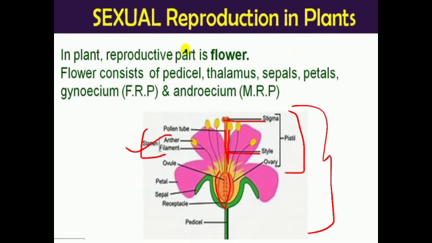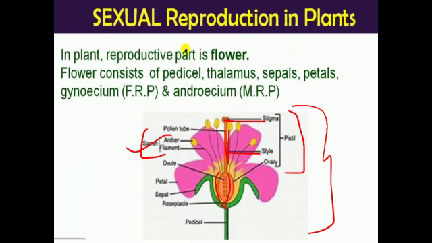The ovary contains ovules. You can see the small dots. These are the ovules, and each ovule consists of an egg cell. Then the male germ cell is produced by the pollen grains.